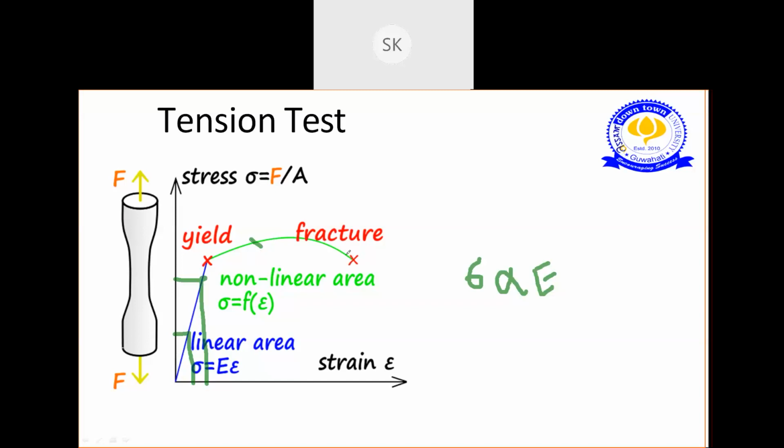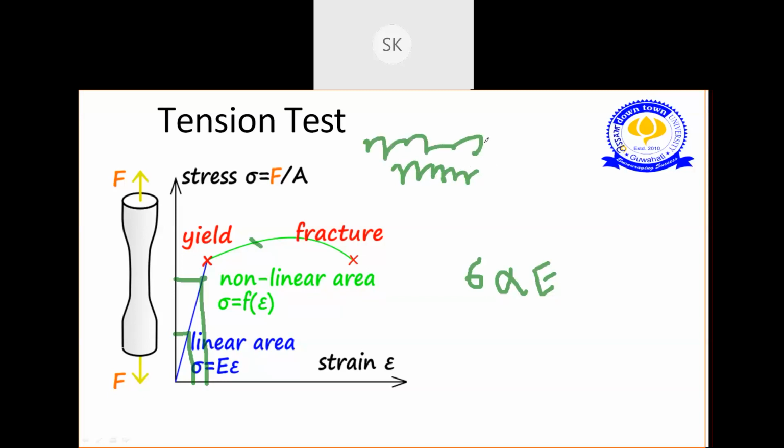Suppose I'm taking an example of a spring. Suppose I have a very tight spring, and I'm stretching it. You can imagine you are stretching a spring, it will return to its original shape till some point. After some point, when you stretch, it will get elongated, right?